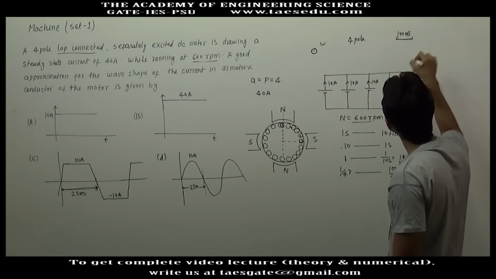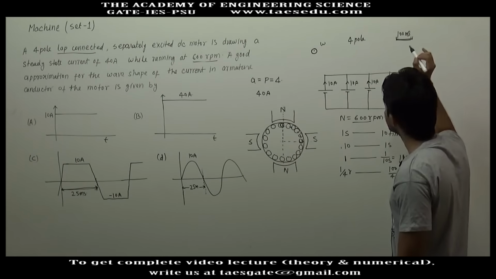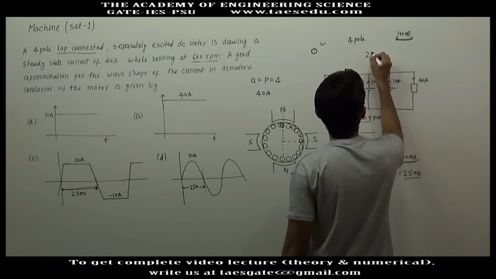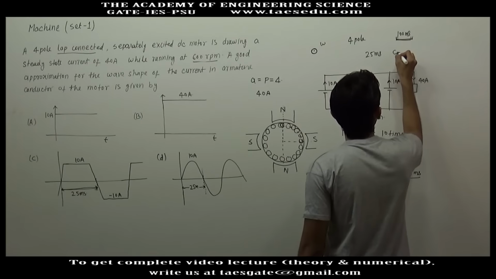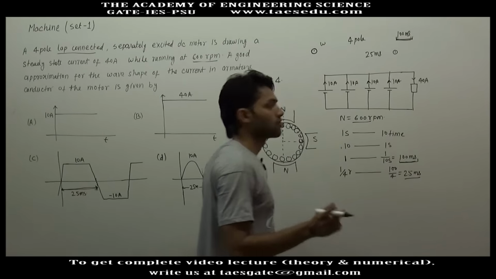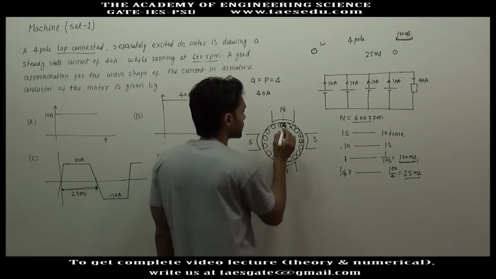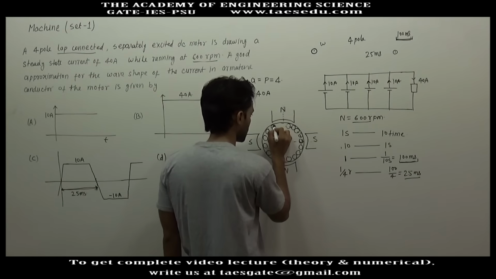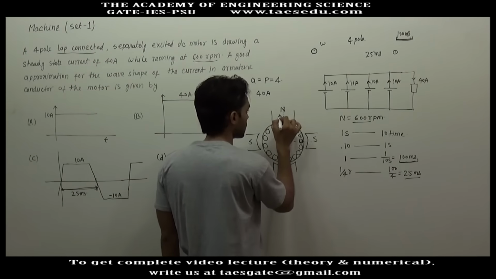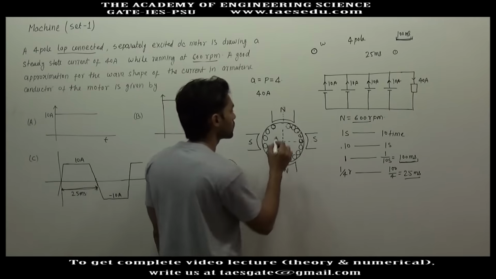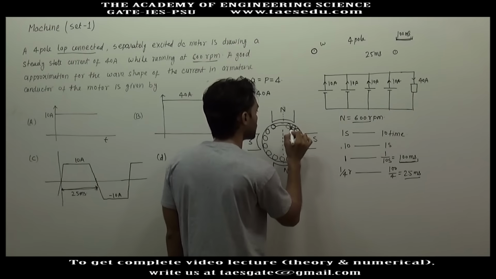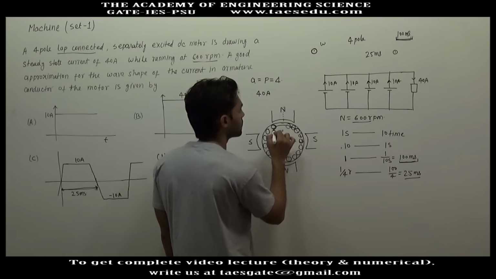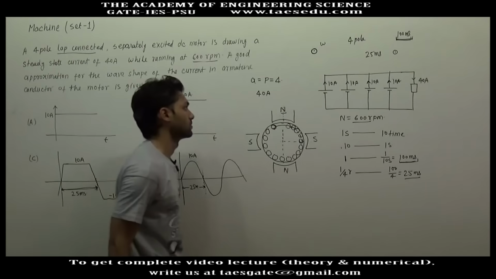So to touch all the poles it takes 100 millisecond. So we can say that for 25 millisecond a conductor will be in the influence of a single pole. Let's say this is the conductor and it is in the influence of north pole. So for 25 millisecond this conductor will be in the influence of this north pole only.